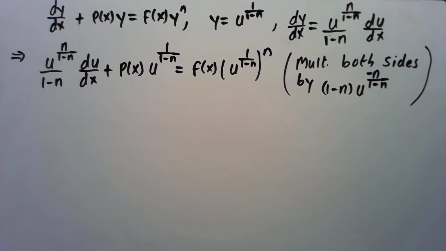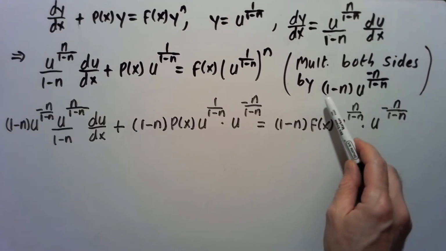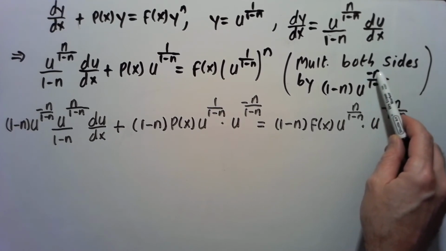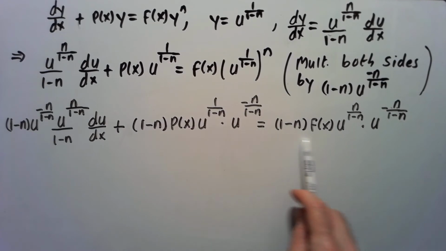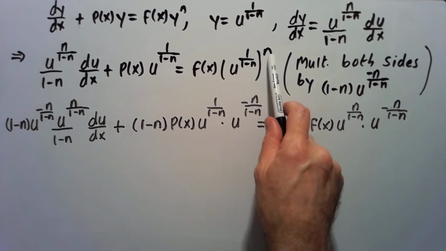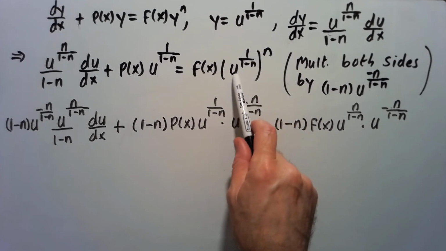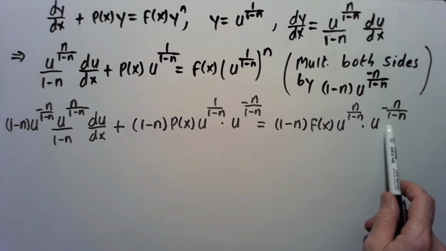So doing that we get, alright, so multiplying everything by 1 minus n times u to the minus n over 1 minus n power, put down to here, here, and here. And this n, being multiplied by the 1, is just going to be u to the n over 1 minus n, which I have here. That's multiplied by this guy.